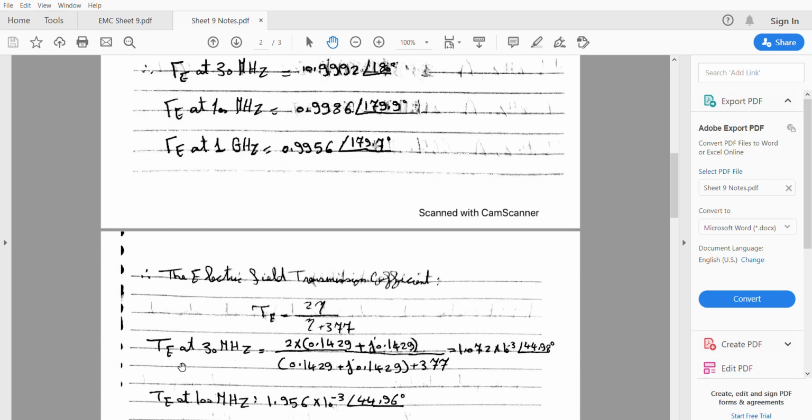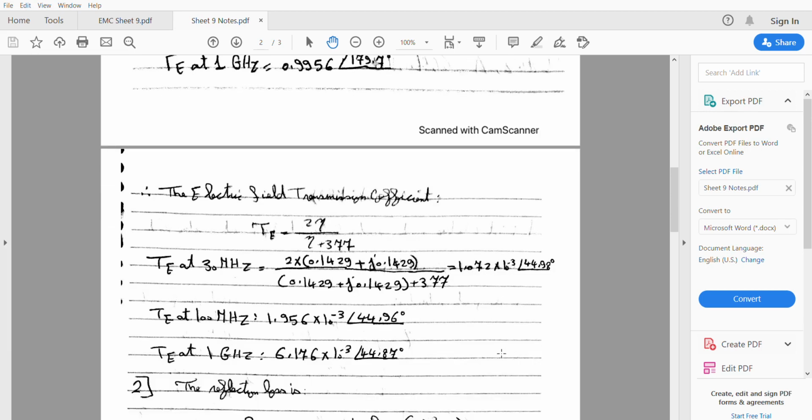So if we need the transmission coefficient at 30 MHz, we substitute the eta that we got from above at 30 MHz, which is equal to 0.1429 plus j 0.1429. Then we substitute in this equation and get the value of the transmission coefficient.